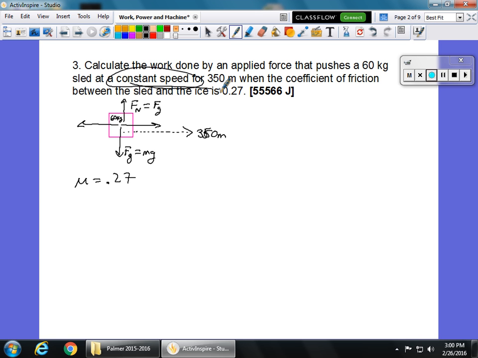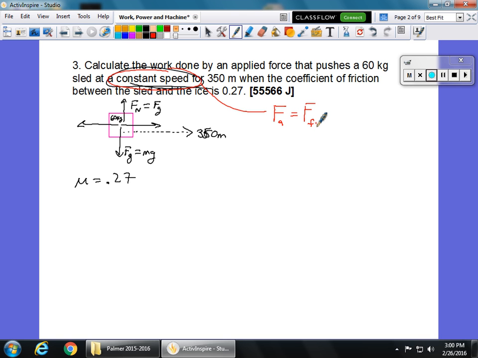All right, now the critical thing in this problem is that we know that it's being pushed at a constant speed. Back in the question up here, you see constant speed. Well, what is that going to tell us? Constant speed tells us that the net force acting on this is 0. That is, it's going to be balanced. That means that the applied force and the force of friction are going to be equal.